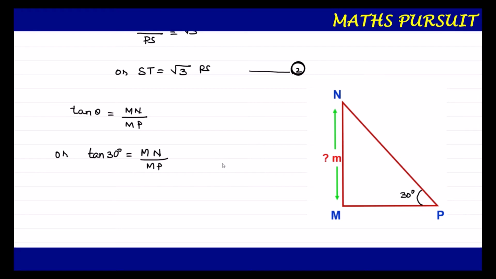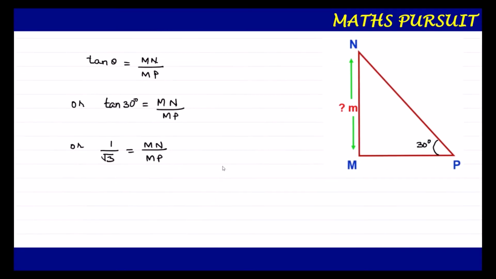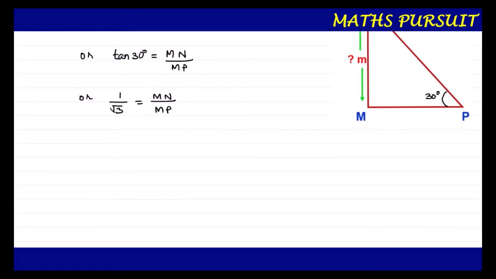We very well know from the trigonometric table that tan 30 degree is 1 upon root 3. So I can write 1 upon root 3 is equal to MN upon MP. I believe till here we are very clear. In other words, MN upon MP is equal to 1 upon root 3.